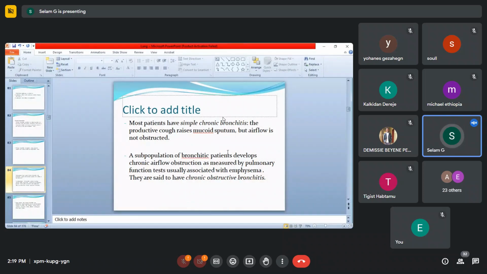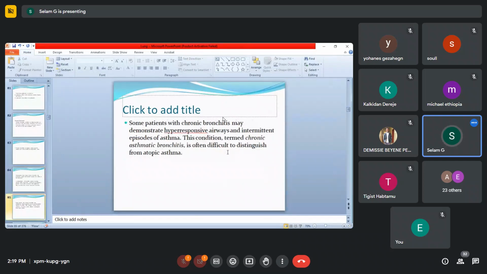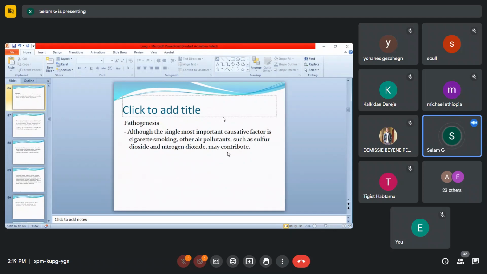They are said to have chronic obstructive bronchitis also. We label them as COPD. Some patients with chronic bronchitis may demonstrate a hyper-responsive airway and intermittent episodes of asthma, and this condition is termed chronic asthmatic bronchitis, which is often difficult to distinguish from the regular atopic asthma.